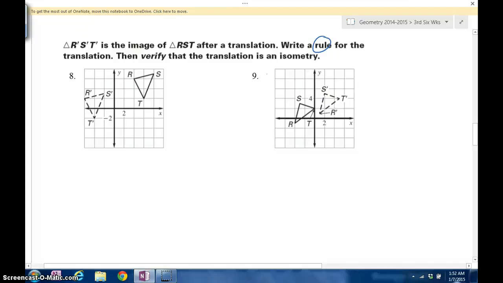So take the original R, and you want to trace it horizontally and then vertically to where it moved. So horizontally it moved 2, 4, 6, 8, 10 units, and then vertically it moved 2, 4, negative 4 units. So you want to remember a couple of things.